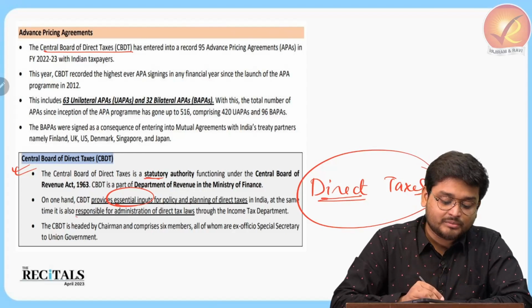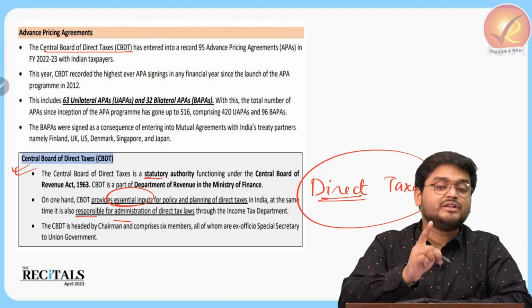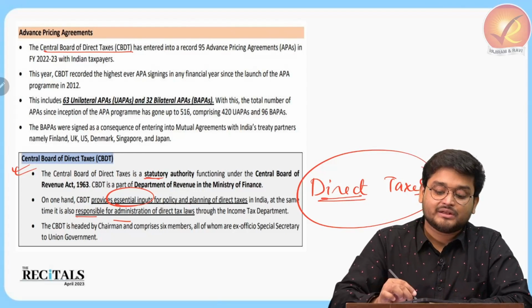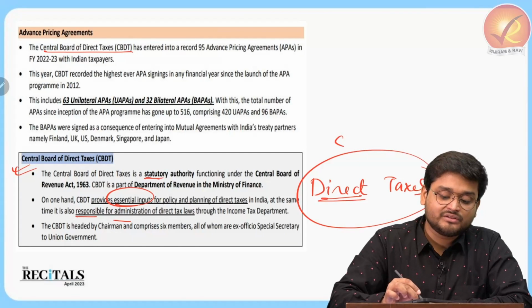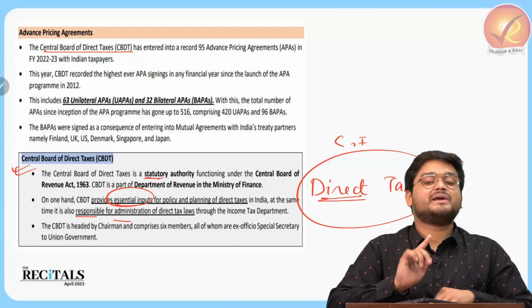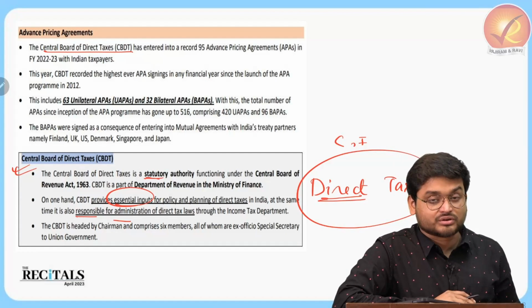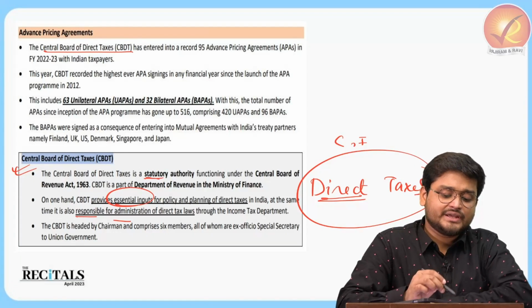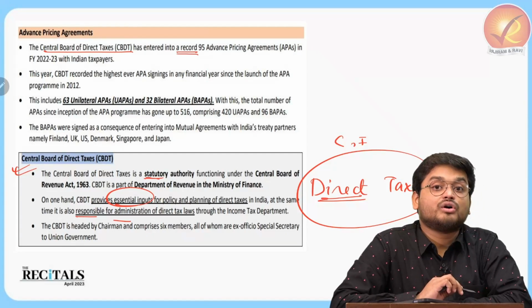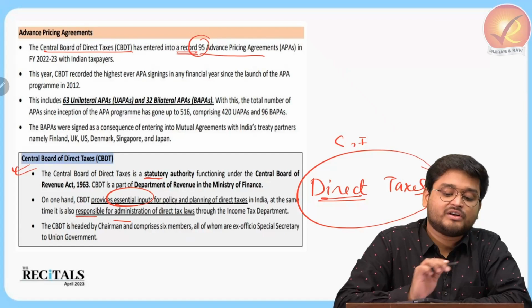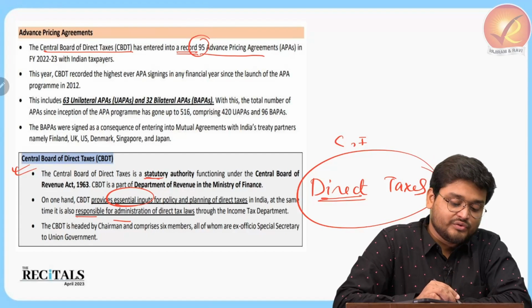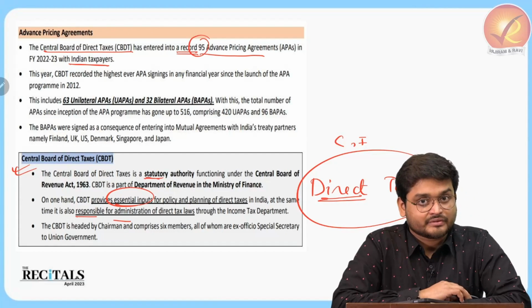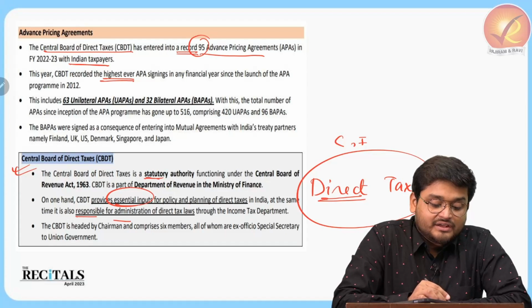And it is also responsible for the administration of direct taxes. That means it looks at whether companies and individuals are actually paying taxes to the government or not. So what has been done is that CBDT has entered into a record 95 advance pricing agreements with Indian taxpayers, right? And it is the highest ever signing.